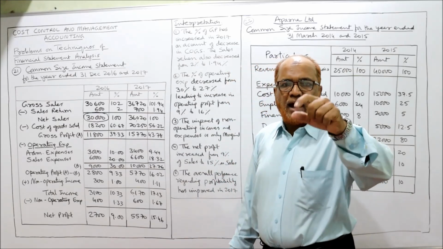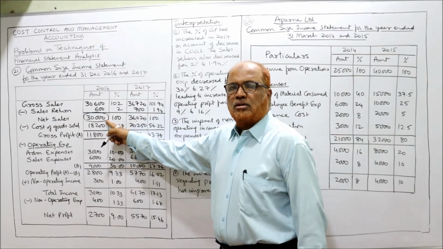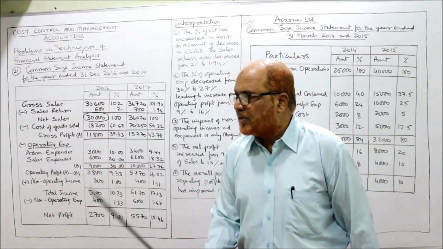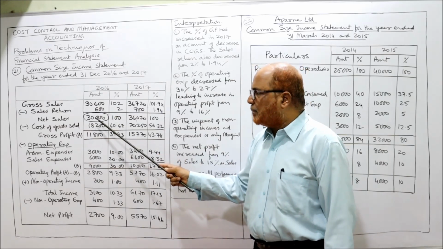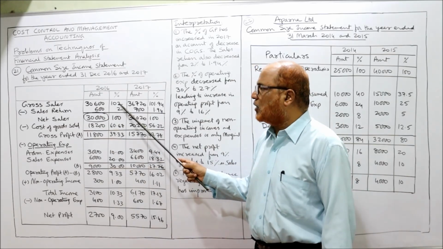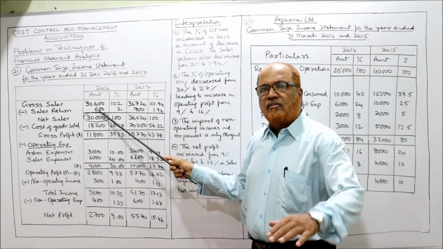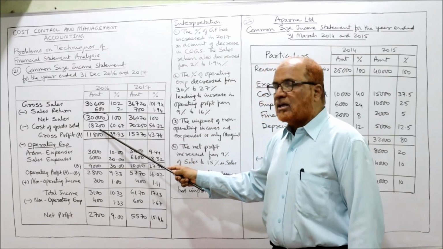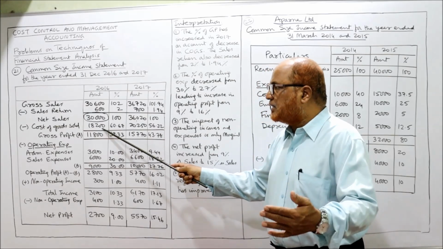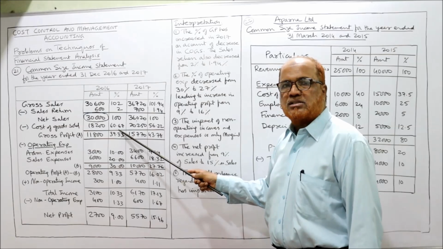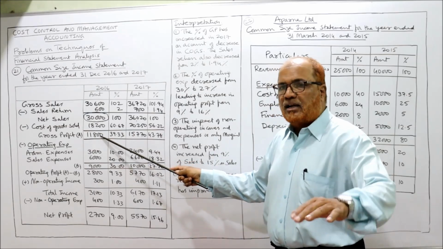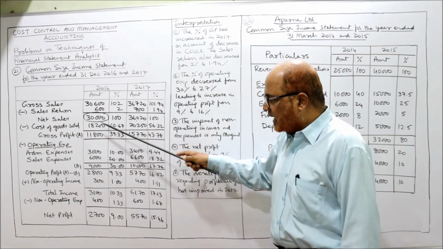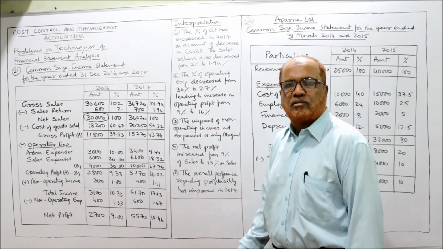First, 30,600 divided by 30,000 into 100, you get 102. Then 600 divided by 30,000 into 100, you get 2. Similarly, 18,200 divided by 30,000 into 100 gives 60.67. 11,800 divided by 30,000 into 100, you get 39.33. Like this, you calculate all percentages.